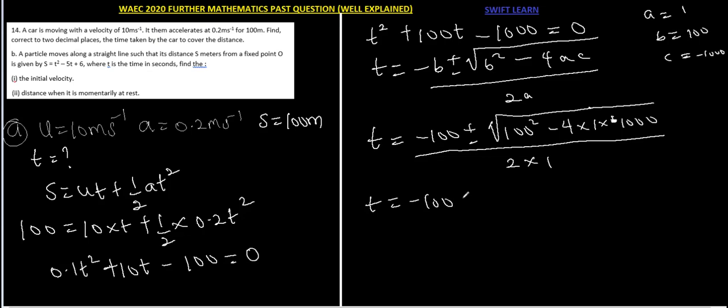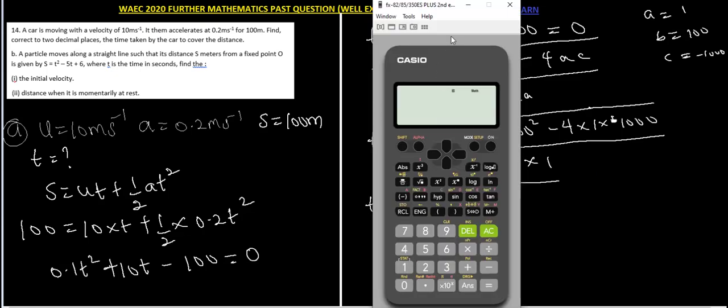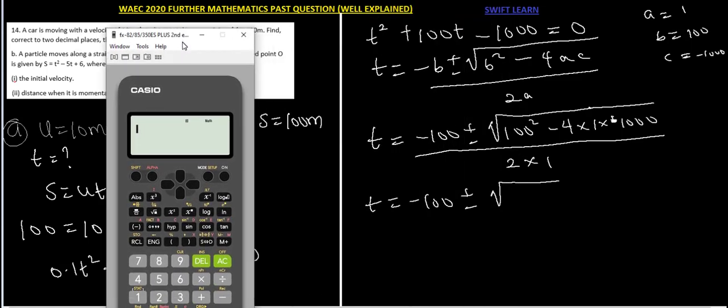That's minus 100 plus or minus root of... let's use our calculator quickly. What is 100 squared plus 4 times 1000, because minus times minus is plus.